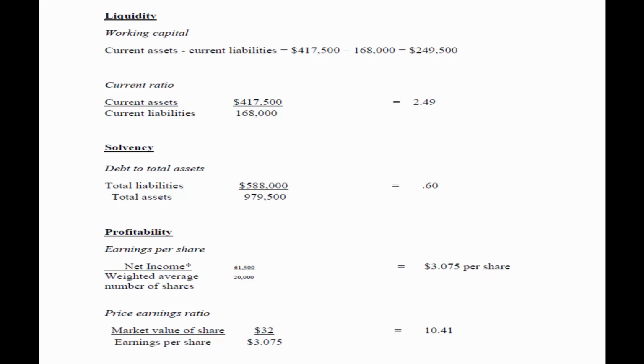Financial statements are prepared so that the people that are looking at them can use them to make decisions. The decisions that they make usually have to do with three aspects of the company: its liquidity, its solvency, and/or its profitability.